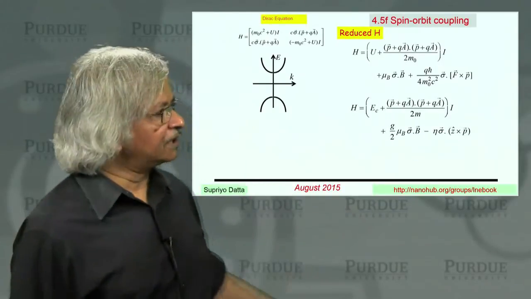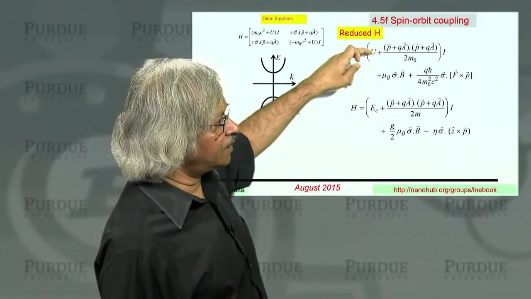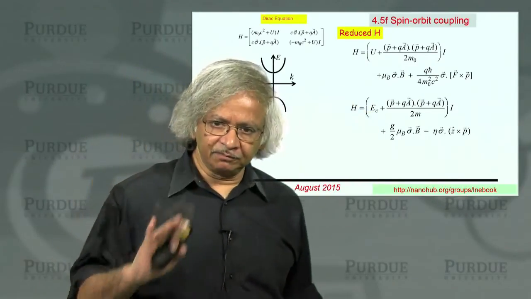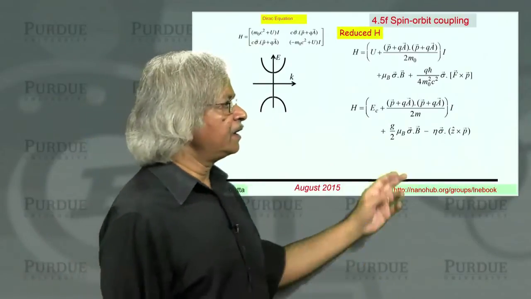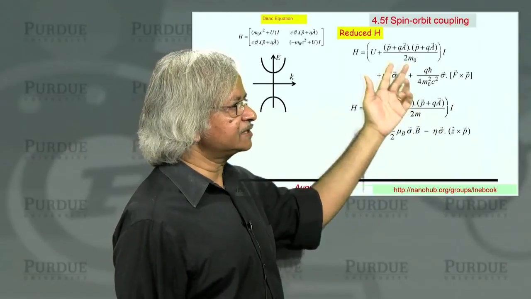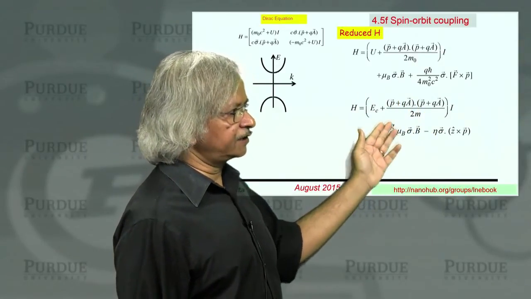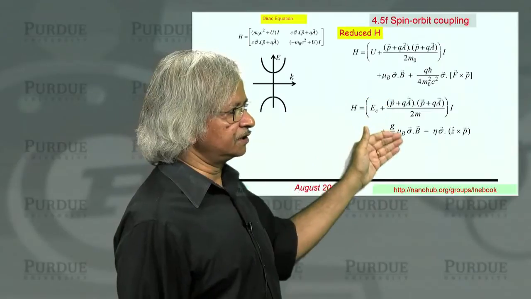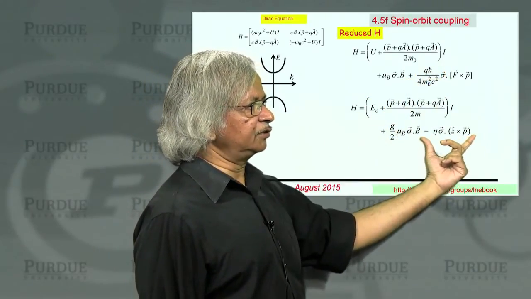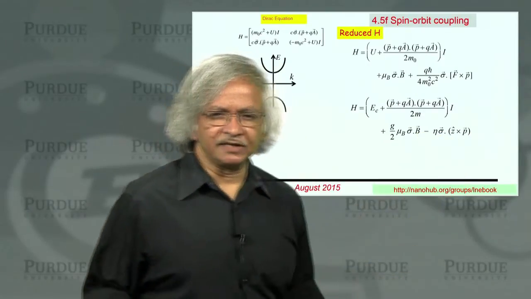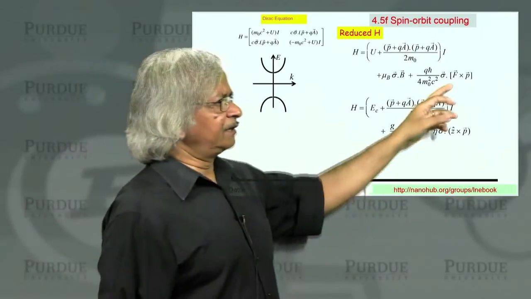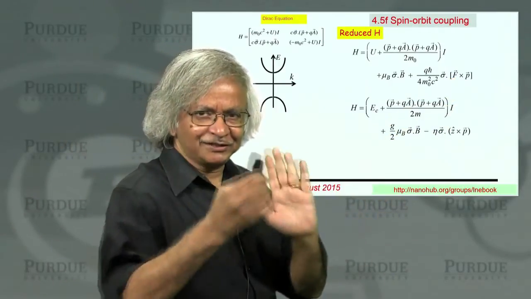Now, if you want electrons in solids, then in this part you have the EC, the conduction band edge. And again, we are using the simplified one-band description here. You have an EC, and then instead of the free electron mass, you have the effective mass. And then you have this g factor of the solid that comes into the Zeeman term. And instead of this, you would have a term looking like this, which you could rationalize by saying that, well, if I have an electron confined in this XY plane, there must be an electric field in the Z direction that's keeping it there.